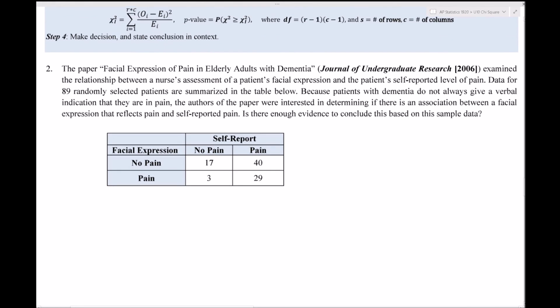For problem number 2, this reads, the paper, Facial Expression of Pain in Elderly Adults with Dementia, Journal of Undergraduate Research, 2006. If I remember correctly, this paper concluded that patients with dementia don't always give accurate ratings of the pain that they're actually feeling, but that the facial expression they had was more in line with what was going on with them.